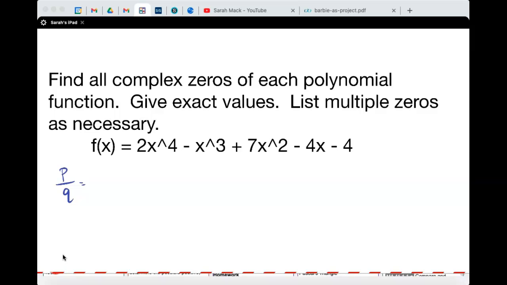What's my q value? Then remember I have to write the factors: 1, 2, 4. Maybe you just start with 1. I always like to start with 1, I think that's nice.